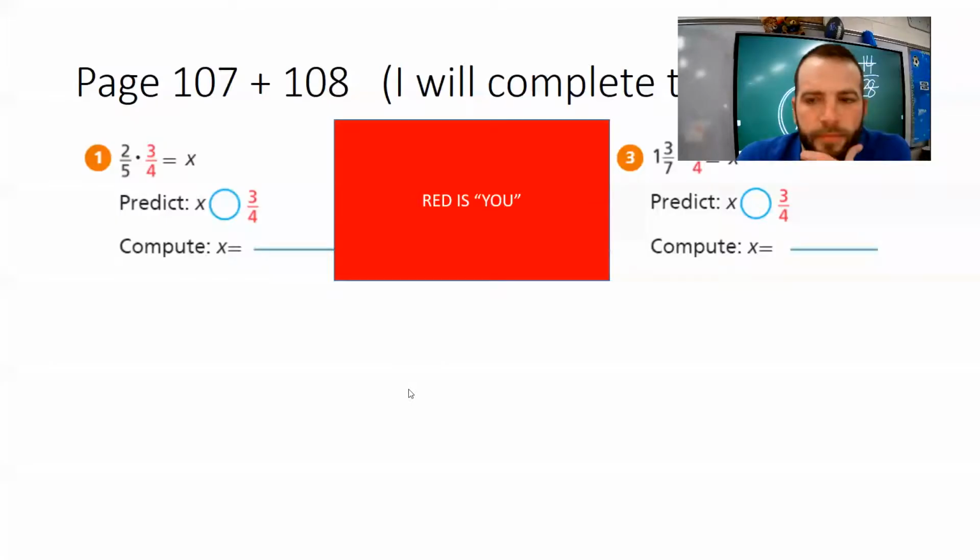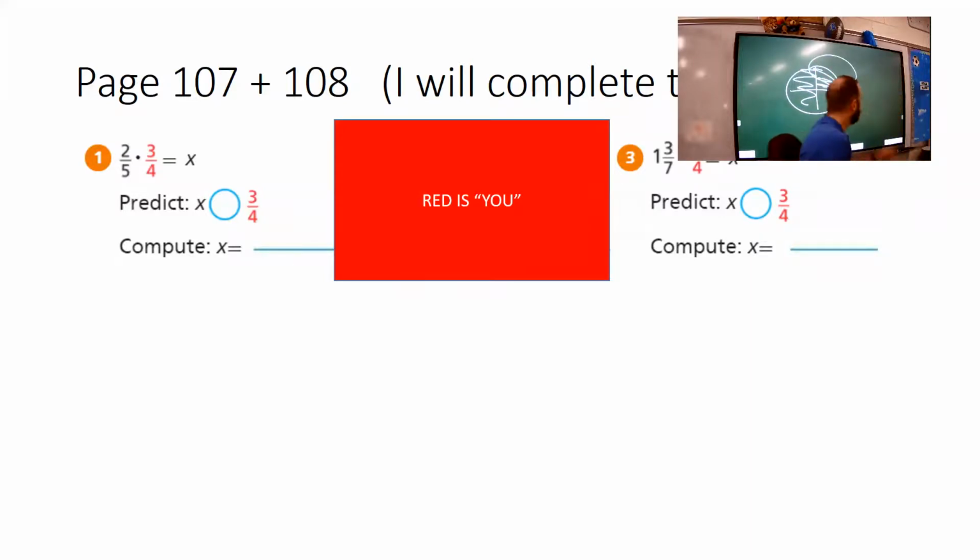larger. So what's going to happen if you are 3/4, you're getting multiplied by 2/5, is your answer going to get bigger or smaller? Well, if you're taking 2/5 of 3/4, then you're starting with 3/4 and you're saying, I only want 2/5 of this. So I am 3/4, and I'm saying, I only want about 2/5 of this.